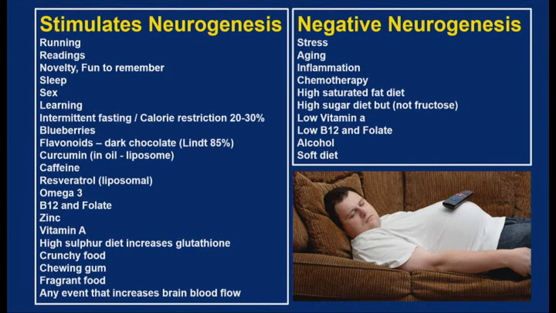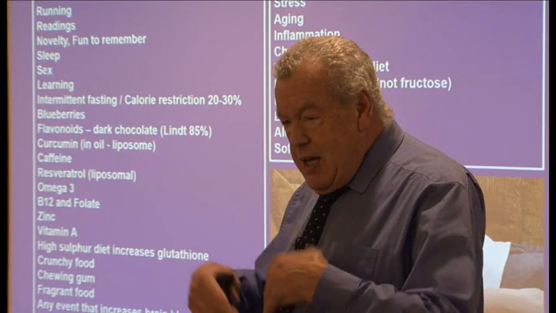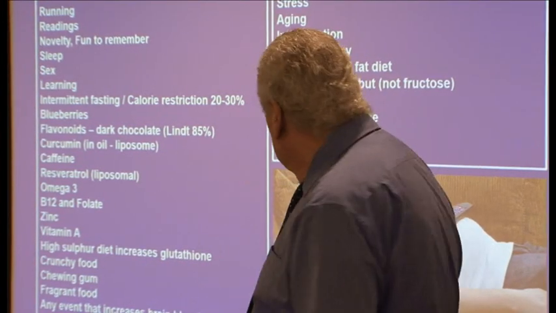High sugar diet, but not necessarily fructose from fruit. Low vitamin A, and I would probably put low vitamin D in there as well. Low B12, low folate. Alcohol in excess, and a soft diet, so there's no crunchiness and taste and fragrance. A soft, bland, takeaway type of food is not good stimulation for the neurons.